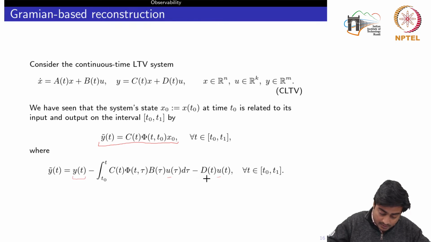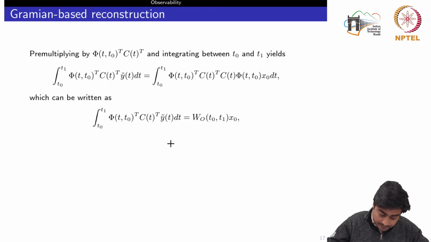Okay, so basically we want to construct this x0, and we had seen earlier difficulties: if my C is not invertible, then I cannot compute this x0 directly. But using the Gramians, we will see how we could do the reconstruction of x0. So we pre-multiply by this term, where phi is the state transition matrix and C is the output matrix.